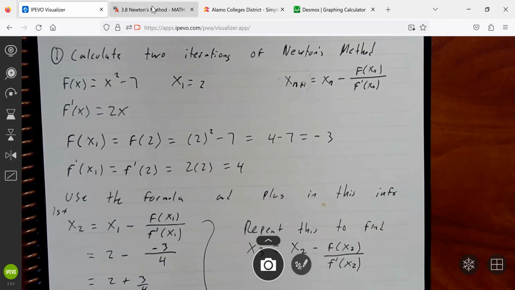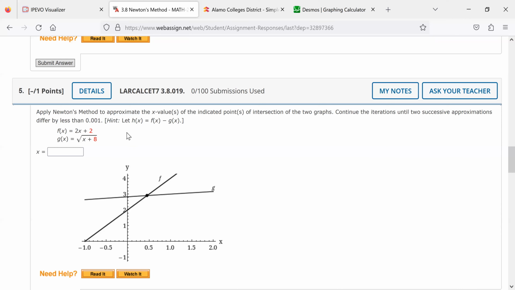All right, cool. Number 5, basically you're gonna do the same thing. The only difference is you kind of have to set it up. So they're saying that, or something you should know, if you set 2 functions equal to each other, then when you solve for x, that'll be where they intersect, okay? So they say, well, if you subtract it over, set it equal to 0, then we can call that h.